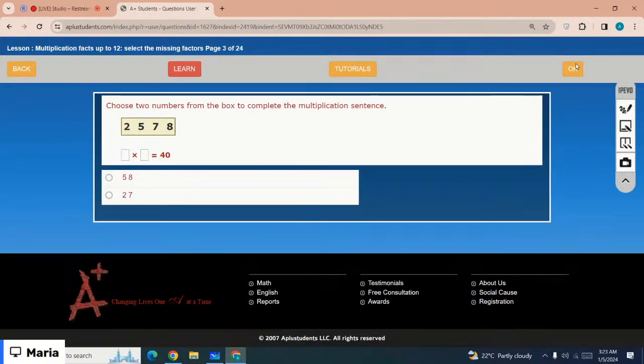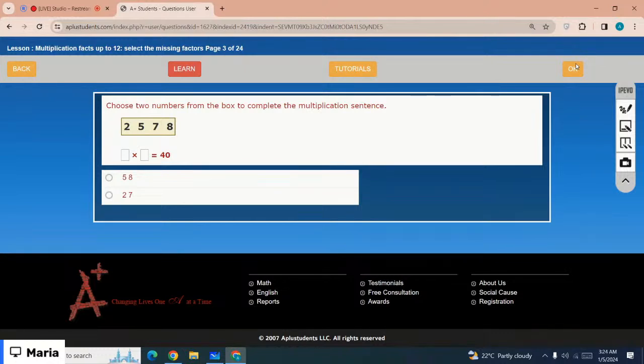Choose two numbers from the box to complete the multiplication sentence. Which two numbers have the product 40? We are given options 8, 5 and 2, 7. Which is the correct option? Yes, that is 8 times 5.